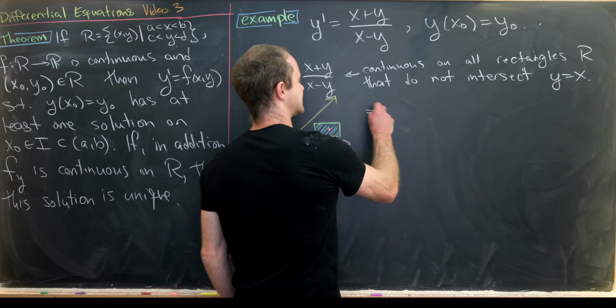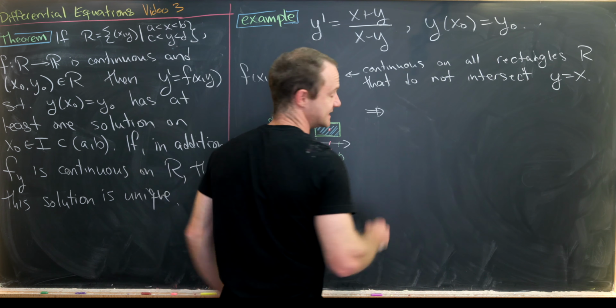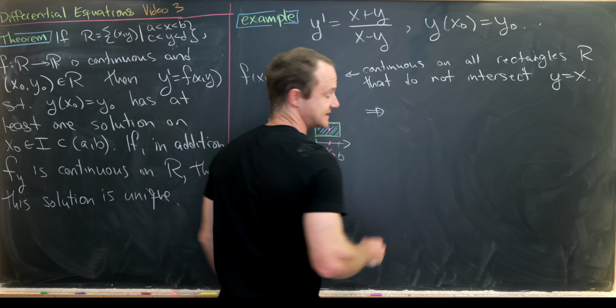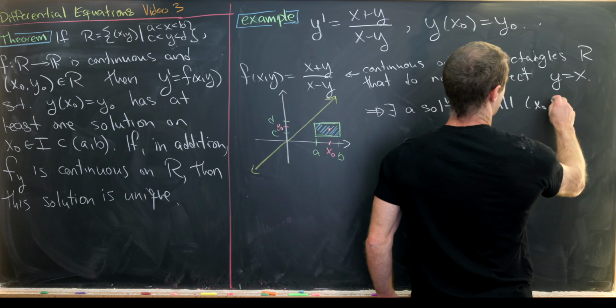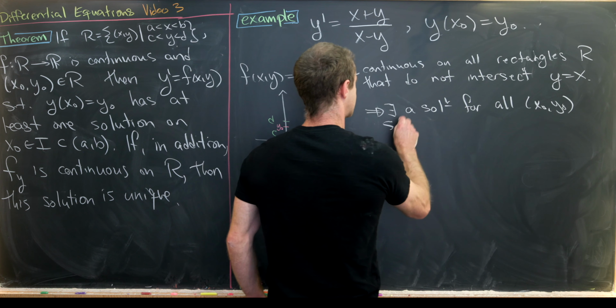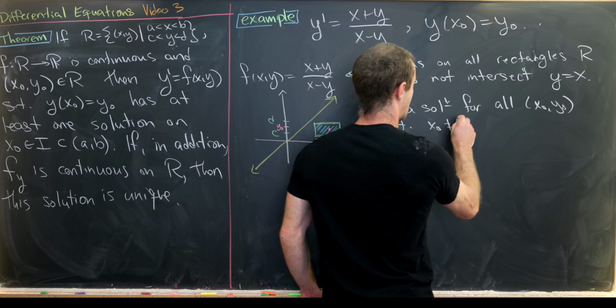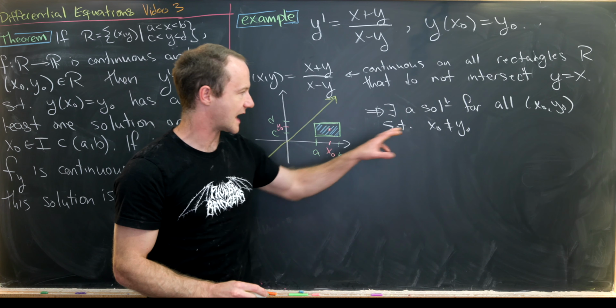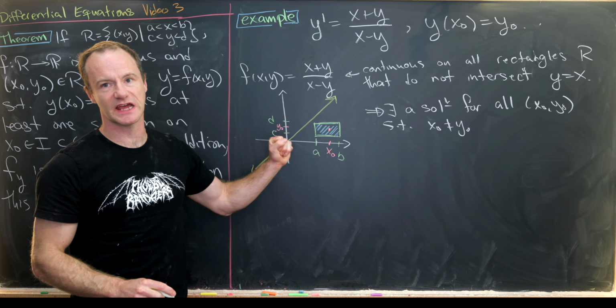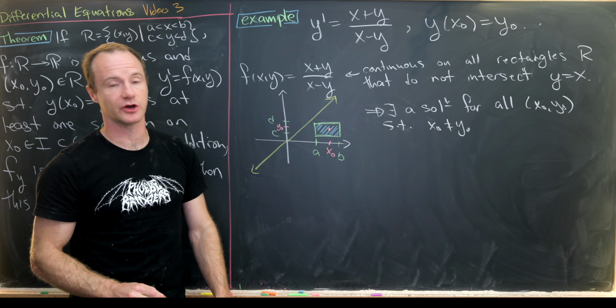So that means that this theorem is implying that there exists a solution for all x naught, y naught, such that x naught is not equal to y naught. Depending on how far x naught and y naught are from each other tells you how large your rectangle could be, though.